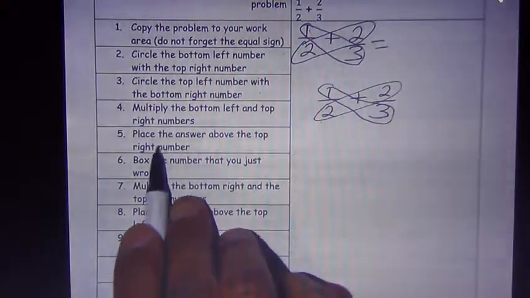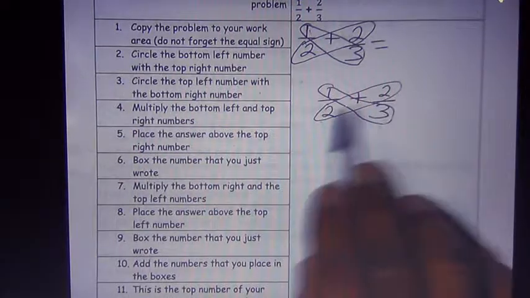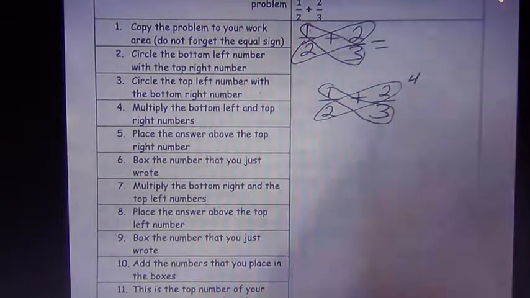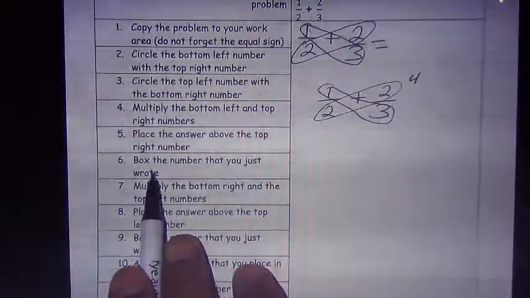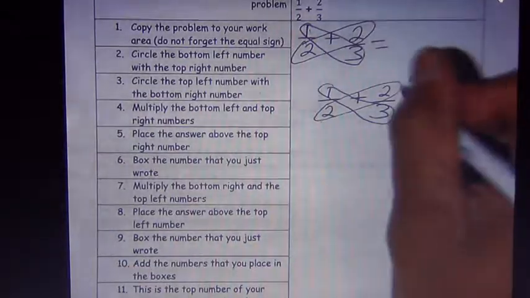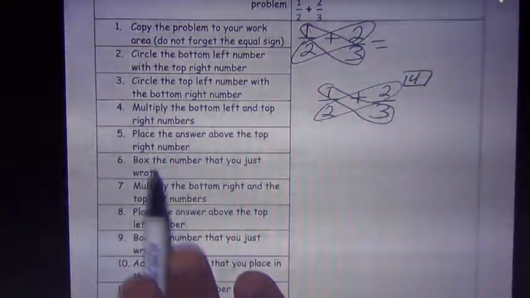It says place the answer above the top right number. Here's the top right number, and again 2 times 2 is 4. Then it says box the number that you just wrote. I just wrote the number 4. I put it in a box.